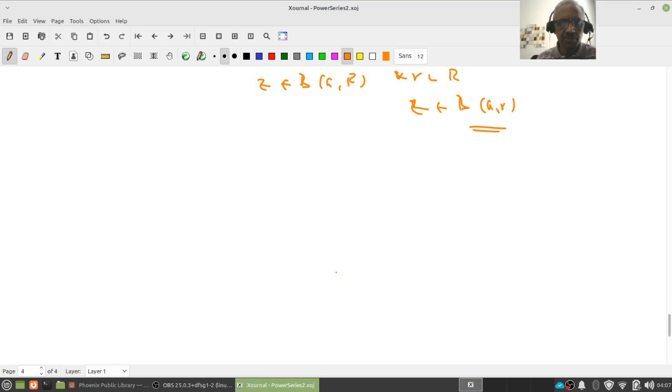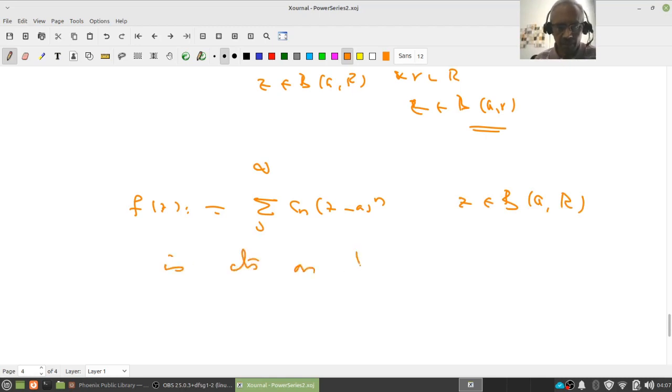Therefore, what have we shown? The power series defines a function, the summation of c_n (z minus a)^n from 0 to infinity, for every z in the disk B(a, R), and this is a continuous function. This is what we have proved.